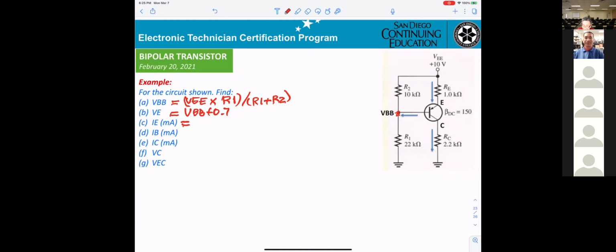Okay, current IE. That means we have to get the current right here. So it will be equal to VEE minus VE divided by RE.